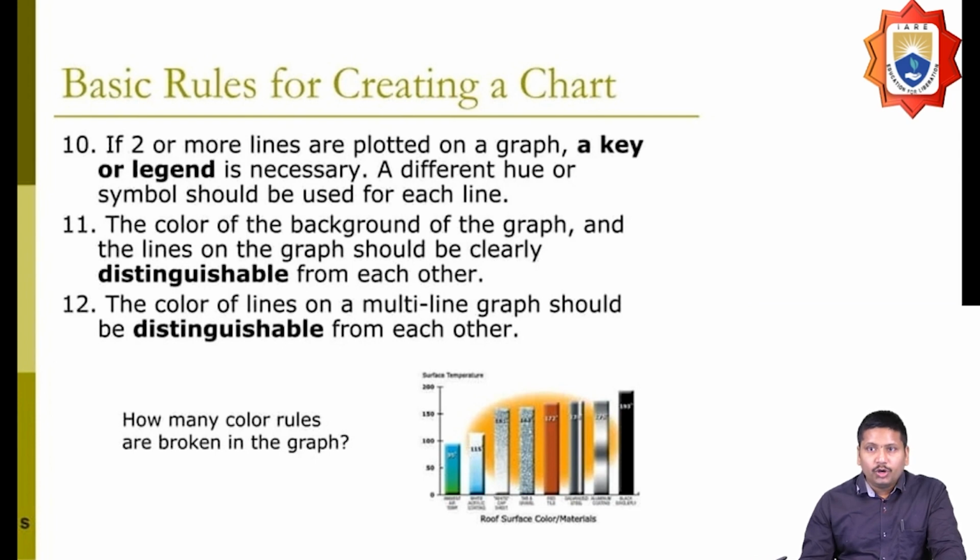And if you are going to plot two or more lines on the graph, the key or legend is compulsory, and a different color or symbol should be used for each line.